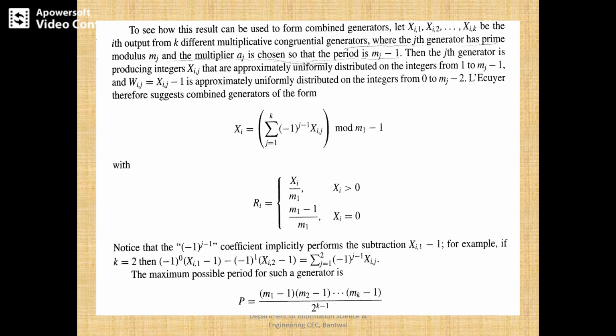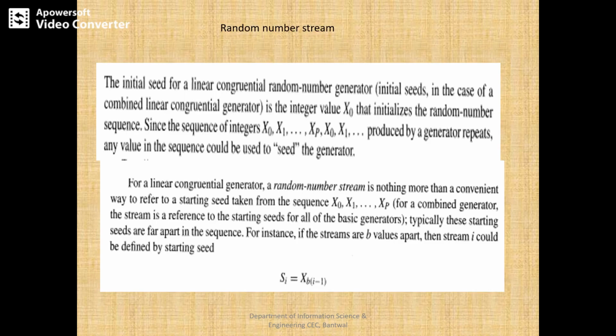Now we will move on to the last topic, random number streams. This is a simple definition. The initial seed for a linear congruential random number generator, and in the case of a combined linear congruential generator, is the integer value X0. That initializes the random number sequence.